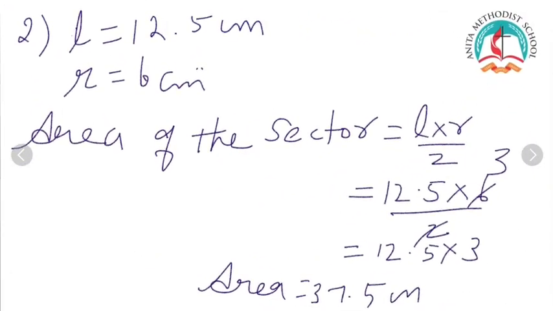Next sum, L is equal to 12.5 centimeter, radius is 6 centimeter. To find the area of the sector, arc length L into r by 2 square units.